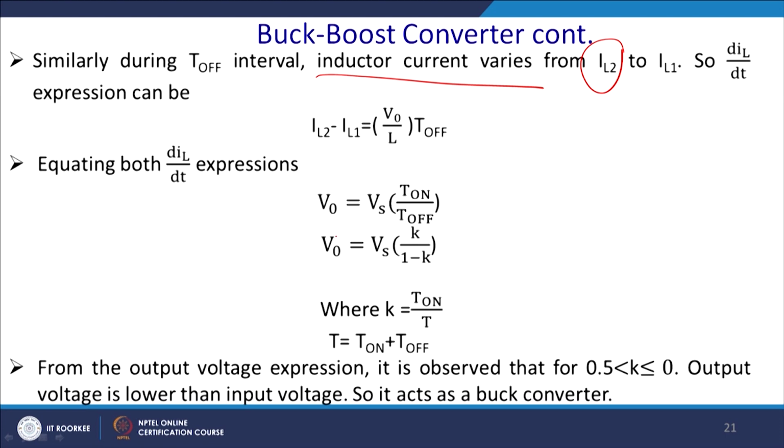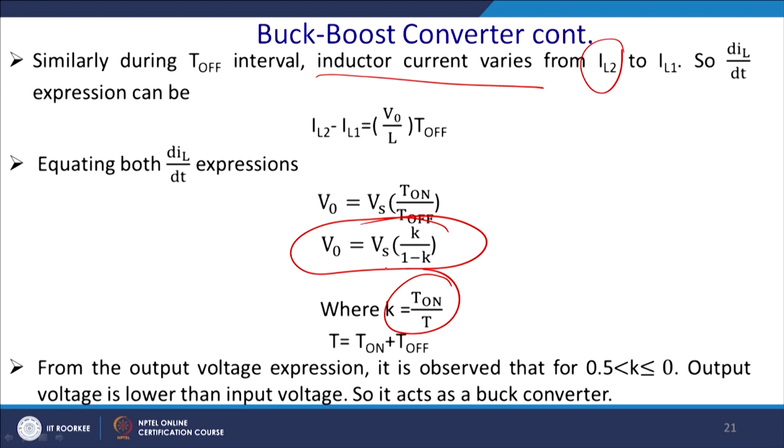Similarly, again you can write V0 equal to Vs K by 1 minus K, where K equal to T on by T. So, you know that T equal to T on plus T off. So, ultimately you get these expressions as the transfer function.